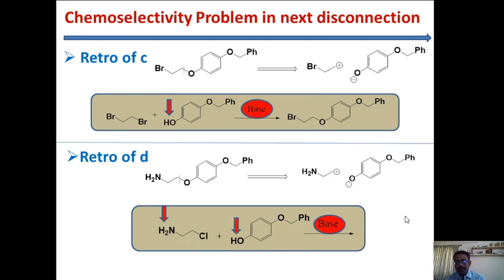If you treat these two in the presence of base, like in the case of choice A and B, we saw in choice B that the molecule had two acidic protons. In this disconnection also we have the same kind of problem, the chemoselectivity problem. So here you cannot arrive at the target molecule. This is the target. If you treat this and this in the presence of base, you don't get this target molecule because of the chemoselectivity problem.